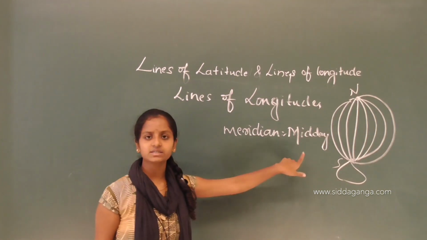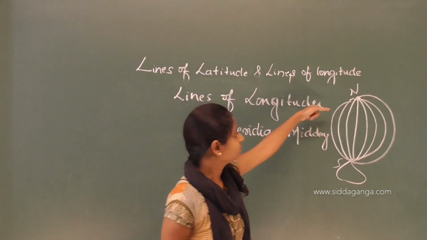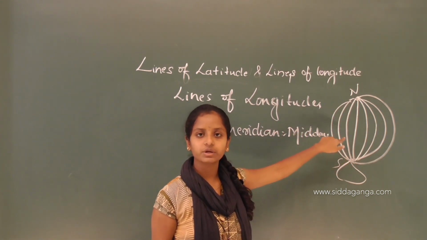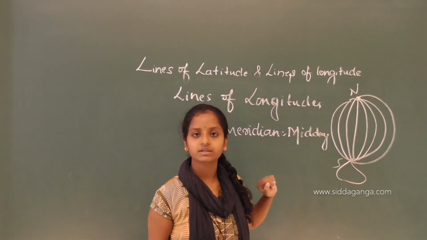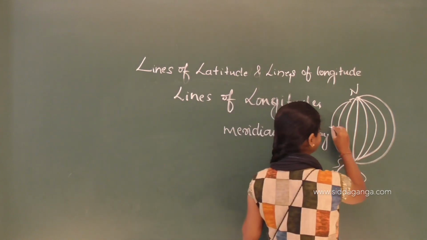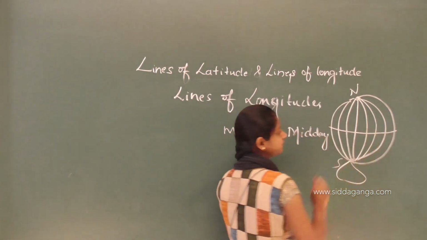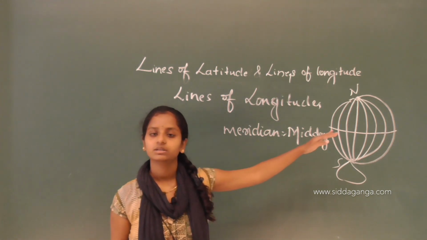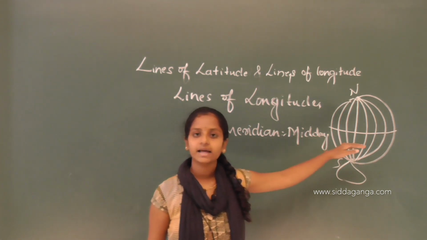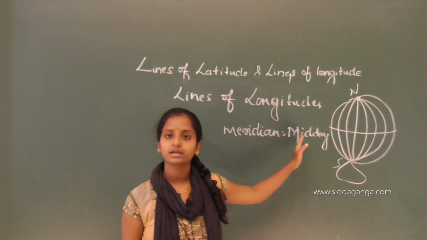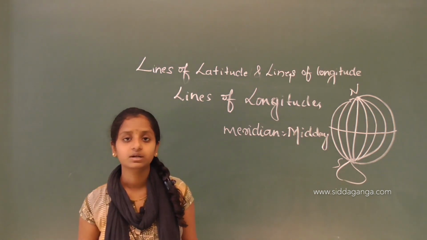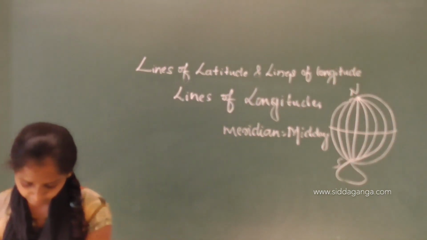So these meridians will join a place where there is a midday, like this. See, here they will join, right? They will intersect the latitudes. So there a midday will be there.